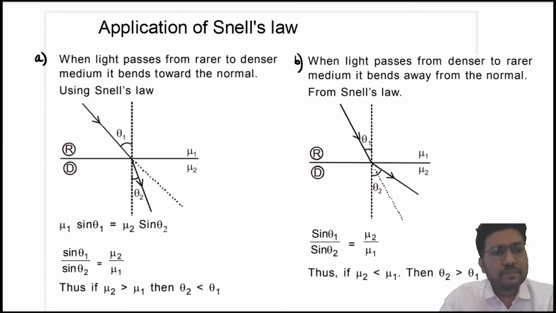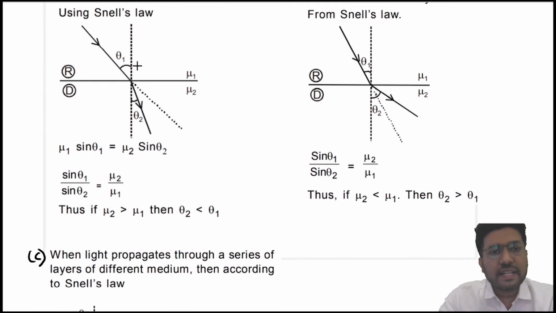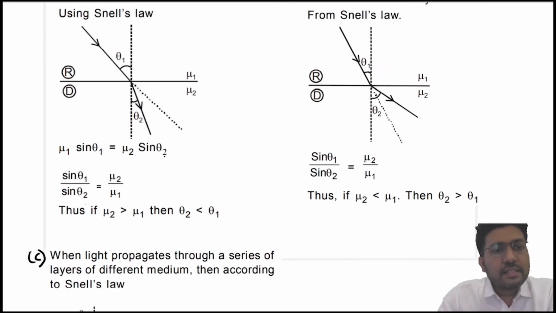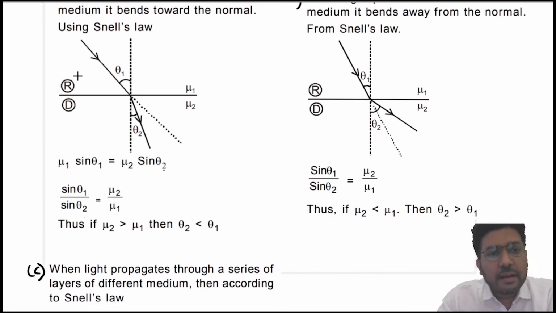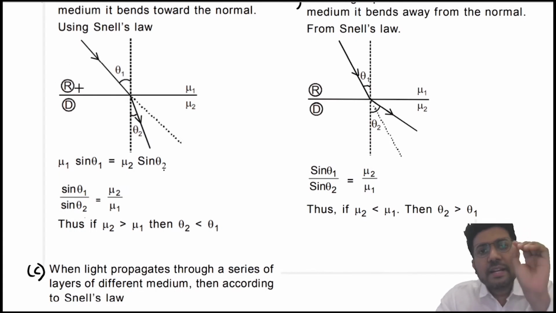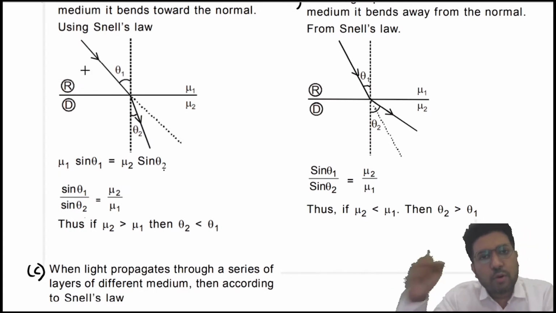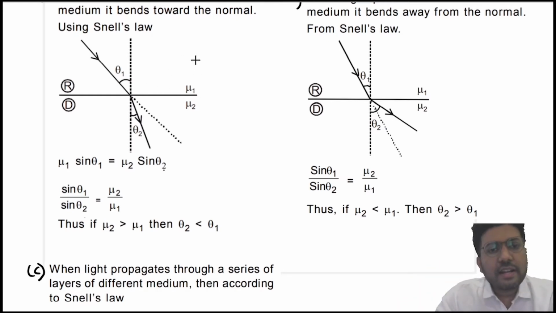Why? See, Snell's law. I have used here theta 1 and theta 2, so I'll write mu1 sin theta 1. Theta 1 is the angle of incidence and theta 2 is the angle of refraction. From this you will get sin theta 1 by sin theta 2 is mu2 by mu1. This is nothing but Snell's law. Now, since this is the rarer medium, it has less refractive index and more speed, because speed and refractive index are inversely related. So clearly you can see here mu1 is less than mu2.